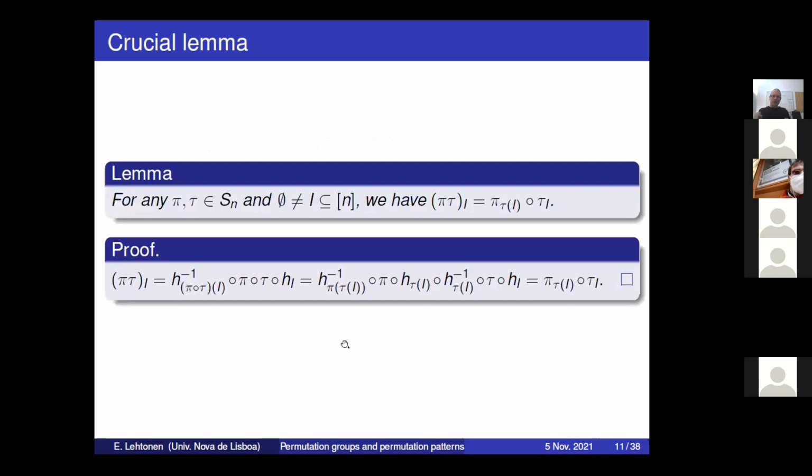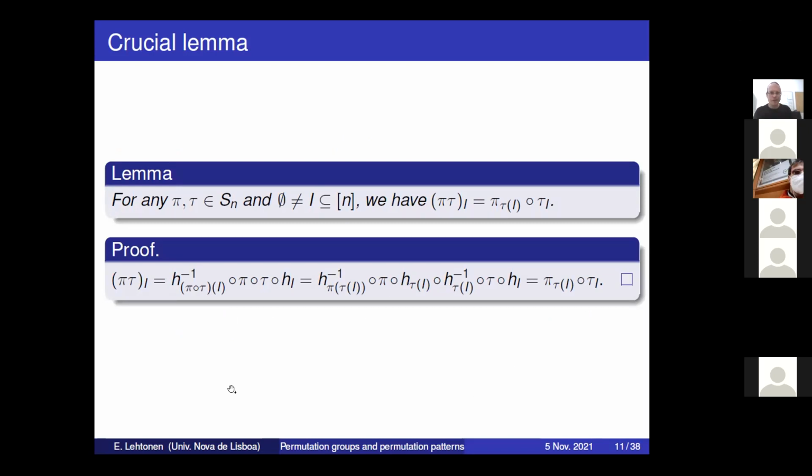So now we have the crucial observation. There is a connection between permutation groups and permutation patterns that is perhaps not obvious, but this is the key point in my work here.